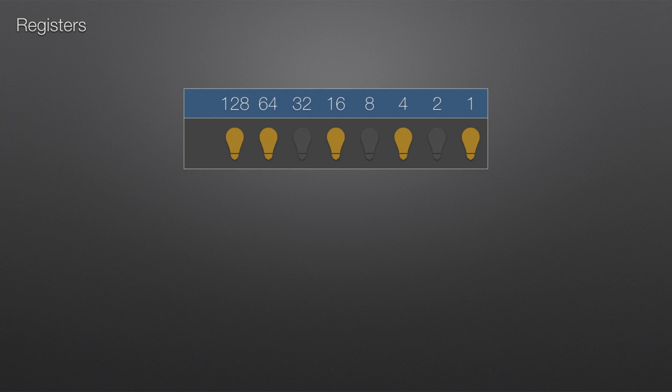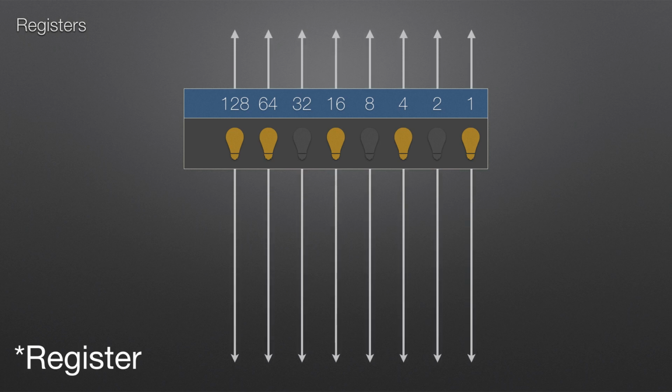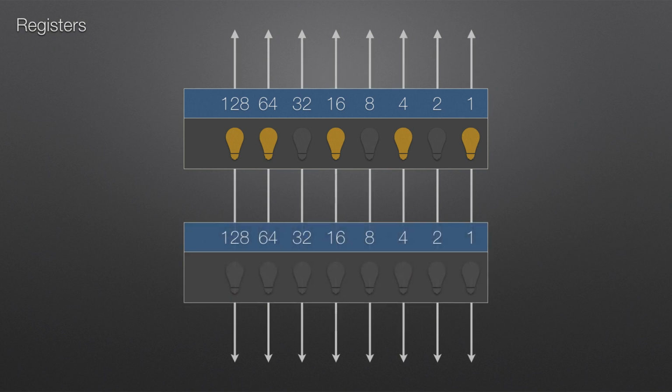So given a register, the next thing we want to do is be able to get values in and out of that register, and this is where something called buses comes in. So basically each relay has a wire that runs through each of its bits, and that then means that you could add another register and connect it to the same bus of wires. So here you can see all the ones are connected together, the 2s, the 4s, the 8s, the 16s and so on.